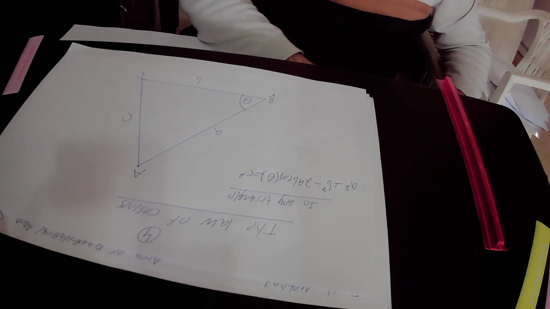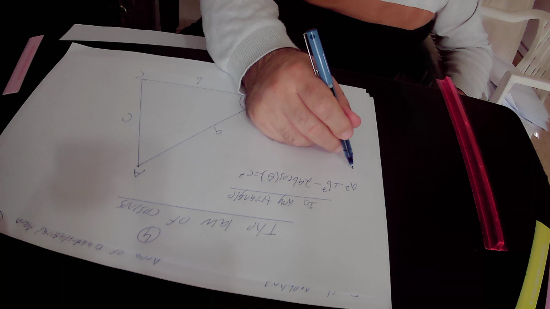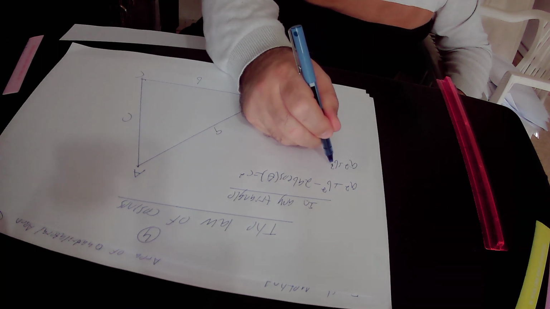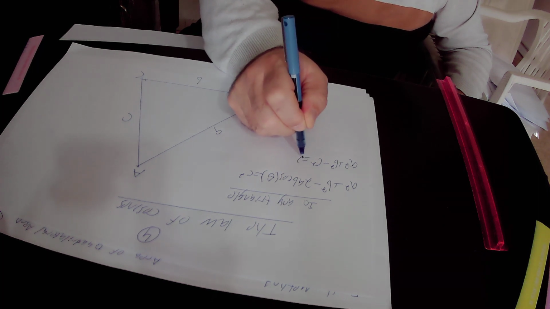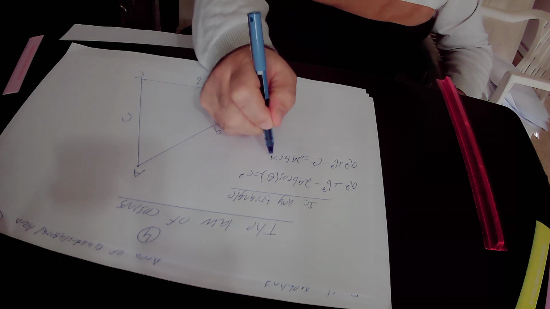Here we will subtract C squared from this equation, and we will also add 2 times AB cosine theta, and we will get that A squared plus B squared minus C squared equals 2 times AB cosine theta.